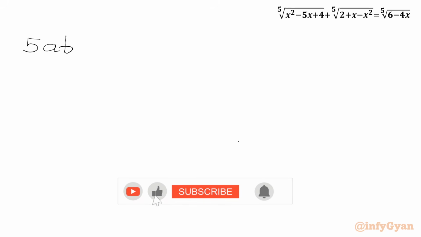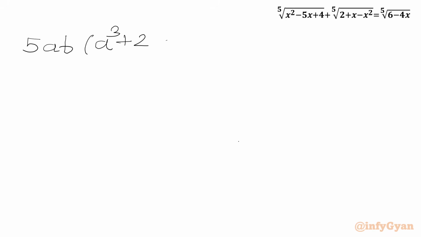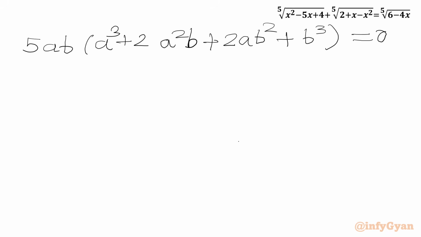In the bracket we will write a cube plus 2 times a square b plus 2 times ab square plus b cube equal to 0. Now we can split 2a square b and 2ab square.